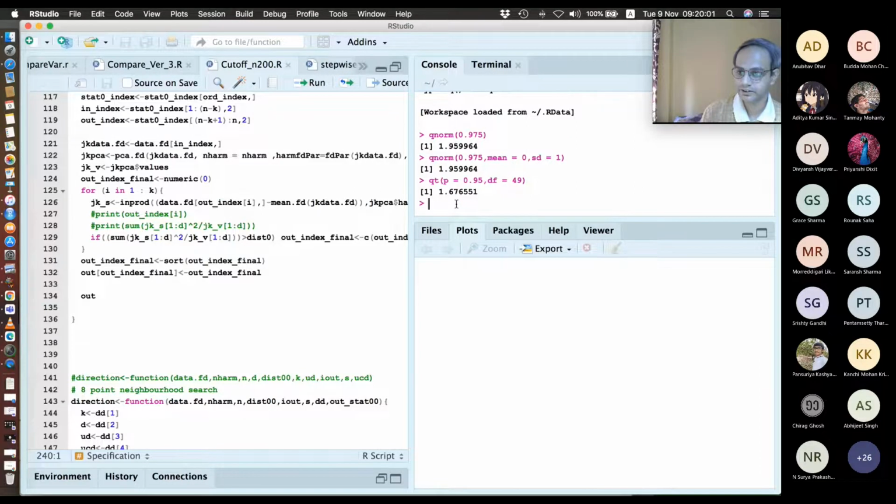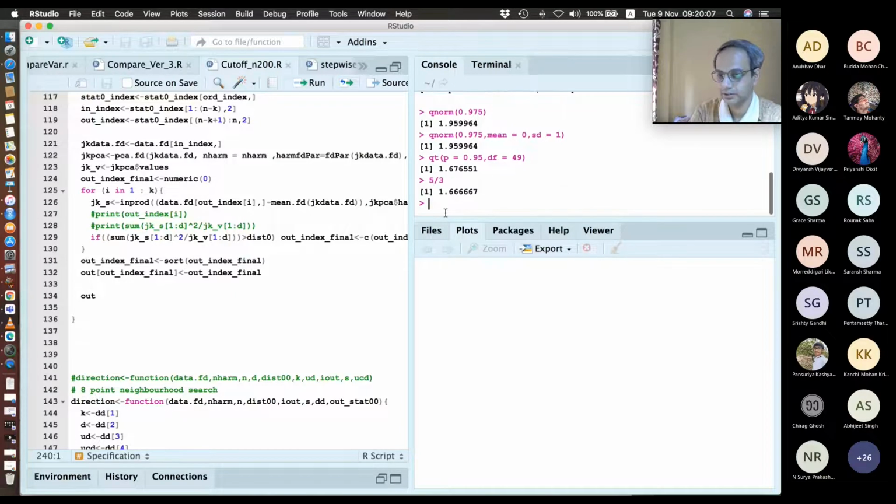Oh wow, this is so marginal. You can see I have just somehow put those values.